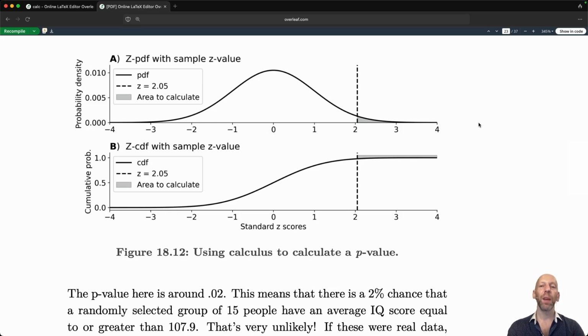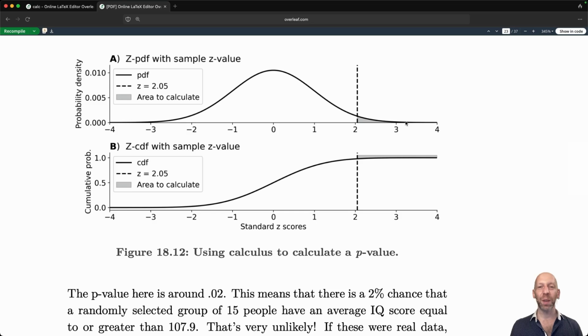So at some point, you get to these very large values, and they're making such a tiny contribution to the total area under this curve that we don't really need to calculate this axis all the way out to like 100 bajillion, right? Because the area contribution is so tiny.